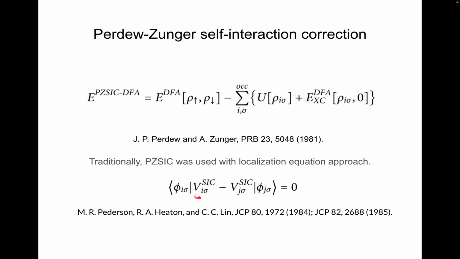The left-hand side of this equation is the off-diagonal element difference of the Lagrange multiplier matrix elements. By setting it to 0, it's telling you to get rid of the off-diagonal elements. And if you enforce this condition, your orbital density will be localized.